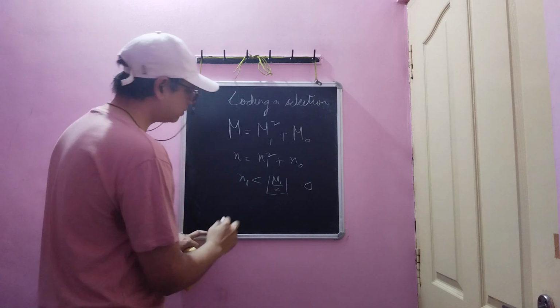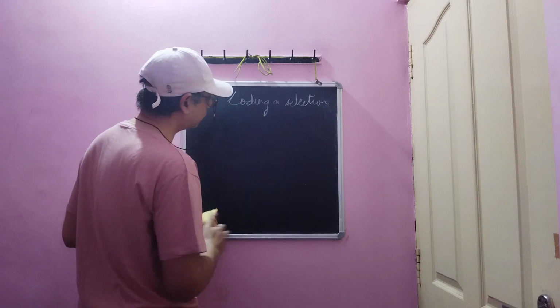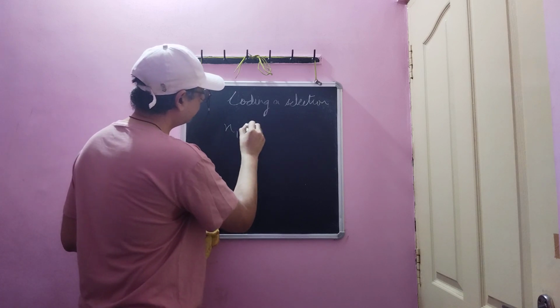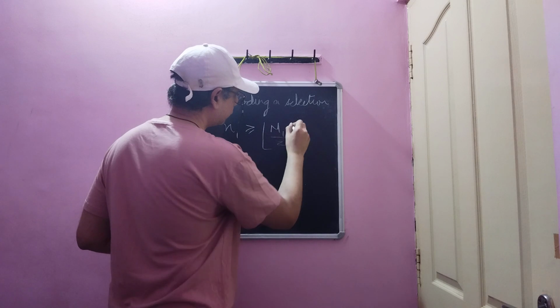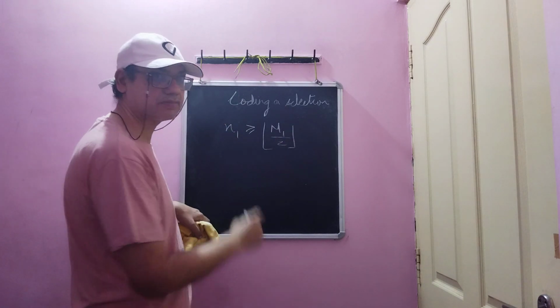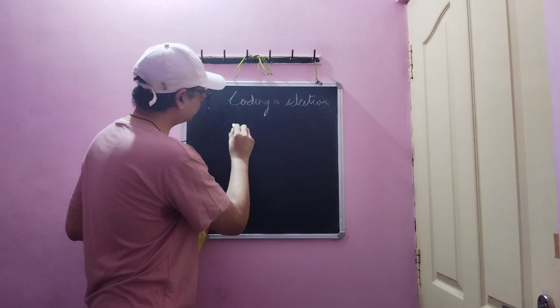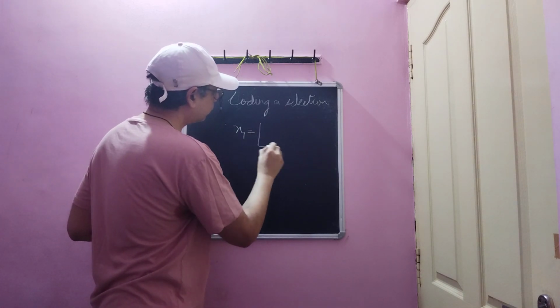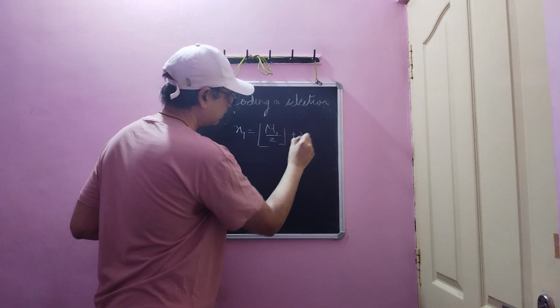But if n1 is greater than or equal to floor of m1 by 2, then floor of m1 by 2 can always be subtracted from n1. Now n1 itself is of the form floor of m1 by 2 plus x.